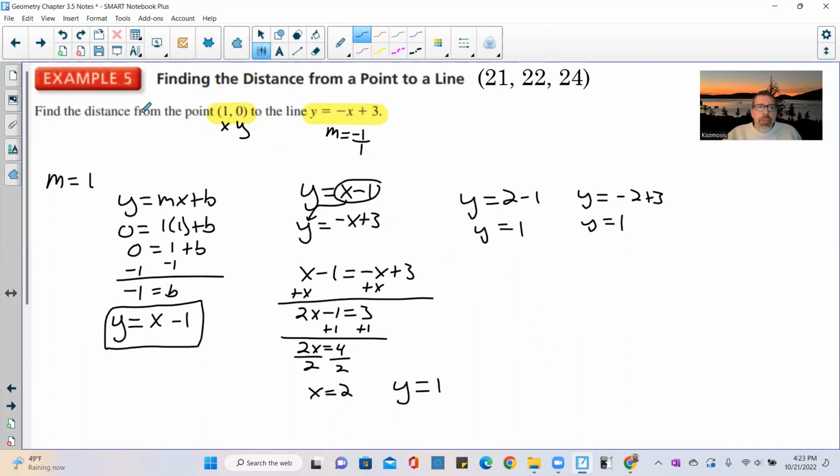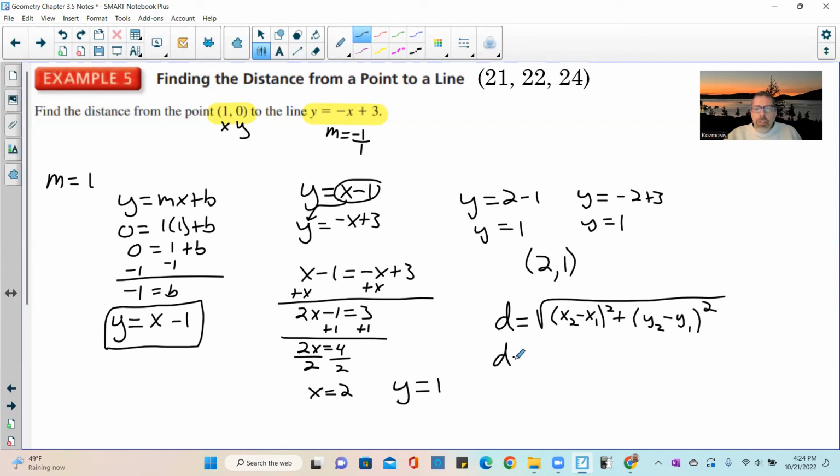So it says find the distance from the point 1, 0 and this line. Well, it's the point of intersection, and we just got the point of intersection. X is 2 and y is 1. So I have the point 2, 1, and I have the point 1, 0. Distance formula is the square root of x2 minus x1 squared plus y2 minus y1 squared.